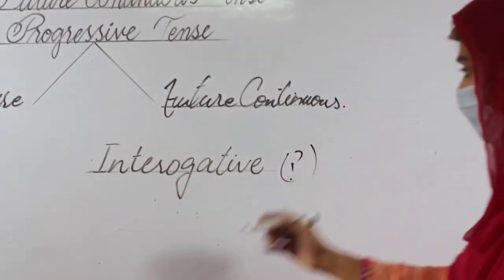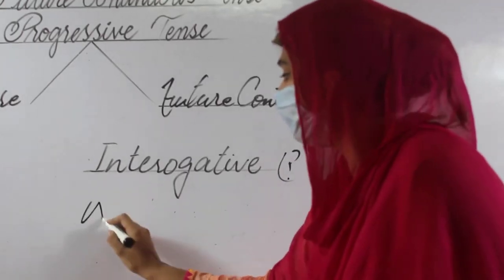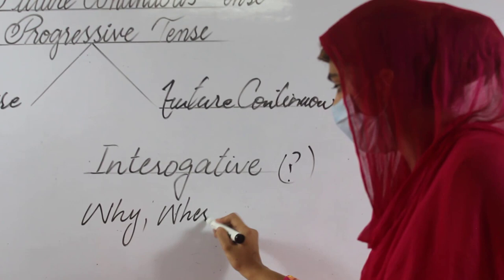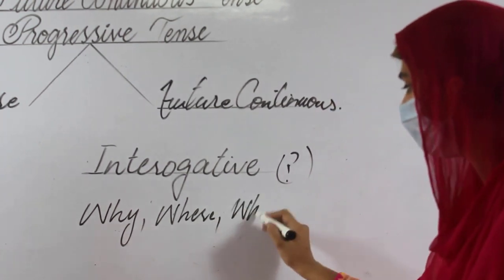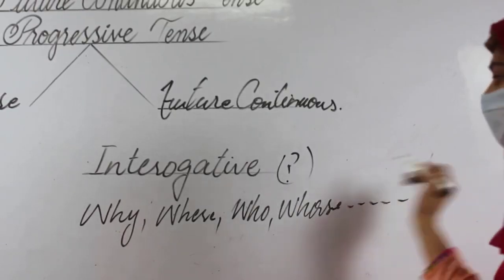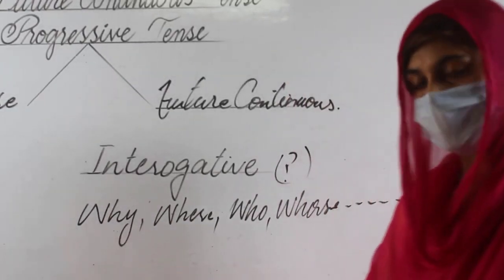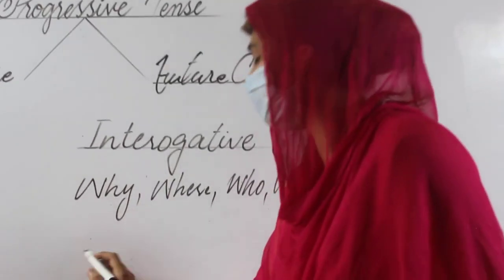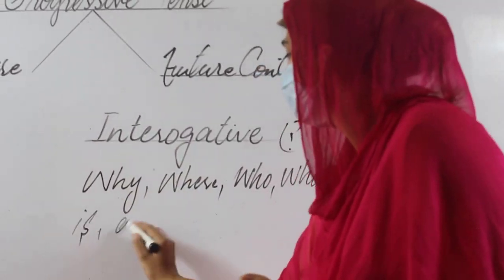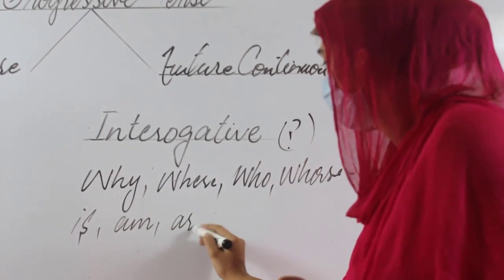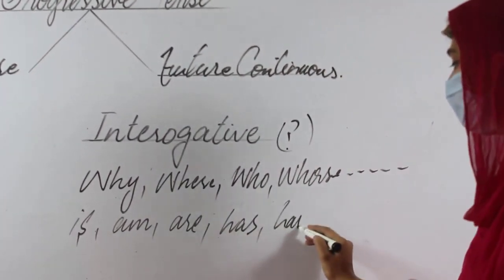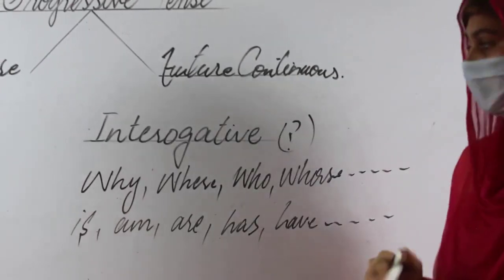Just for example, by mistake, a print mistake, there is no question mark, but the alternative is that if we find interrogative words like the WH family: why, where, who, whose, and so on, and the second type, the helping verb words that come at the beginning of your statement: am, are, has, have, and so on.